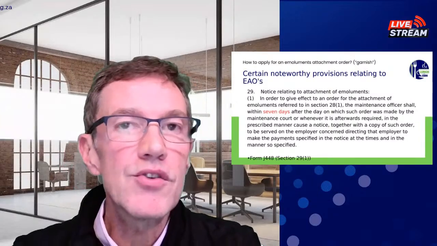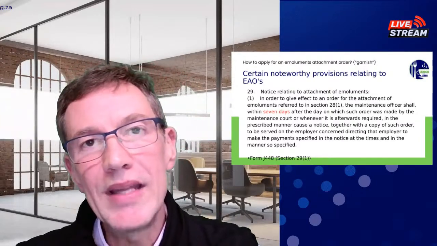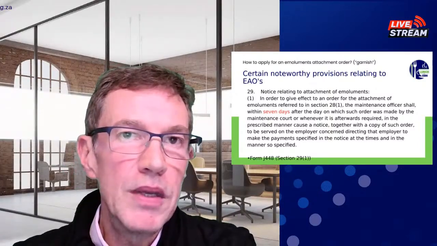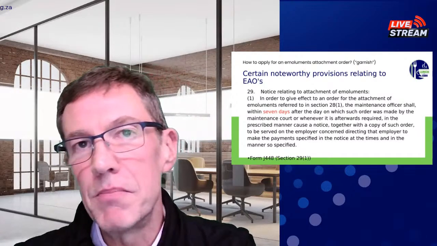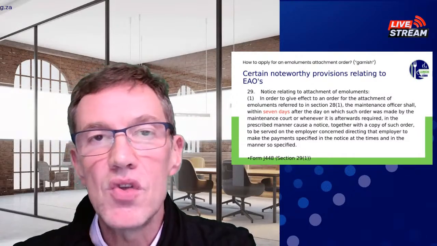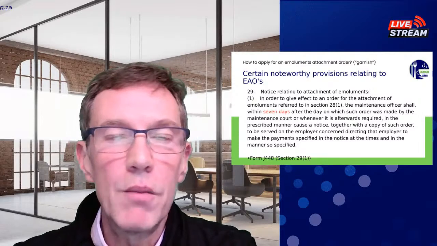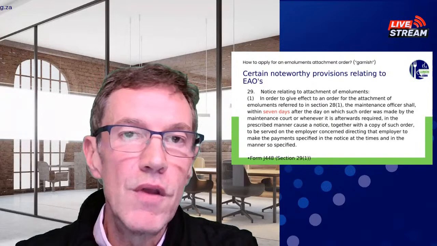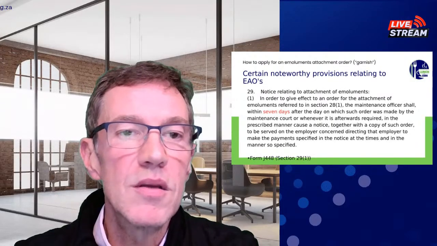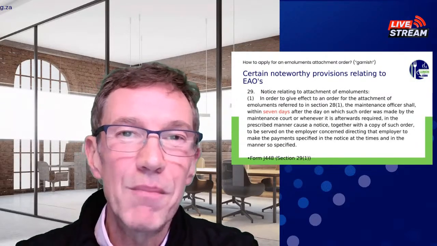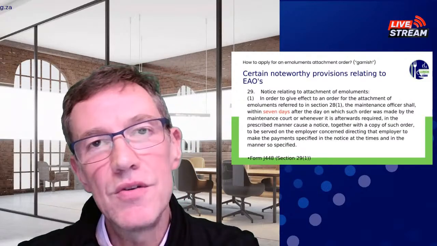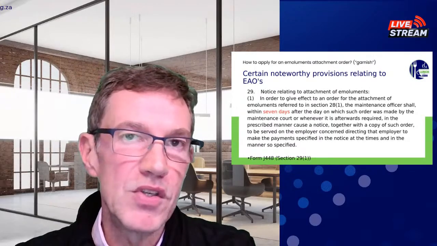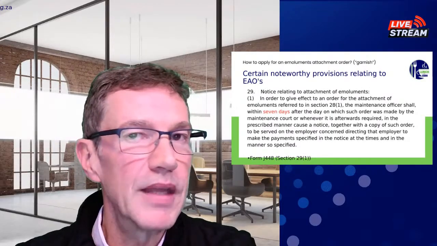So these respondents or complainants waiting for months on end for a garnishee order to be implemented is plain rubbish, because it means that it could only be one of two cases. Either the maintenance officer did not send through the necessary documentation in terms of section 29 of the Act, within the 7 days they have to do that, or the delay might be at the payroll office of the employer as well. That could be one of those two.